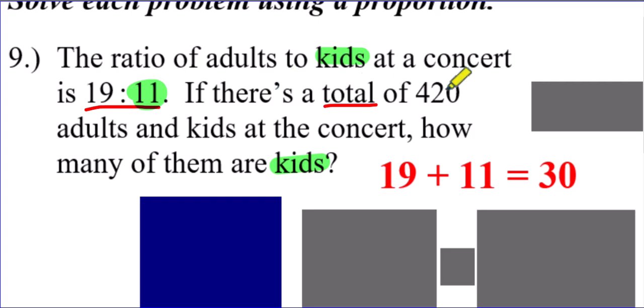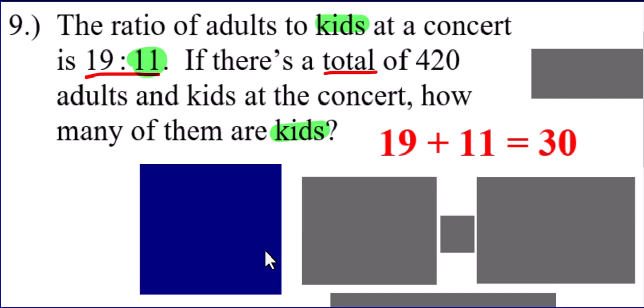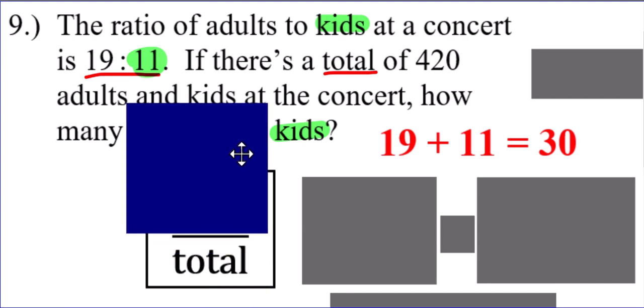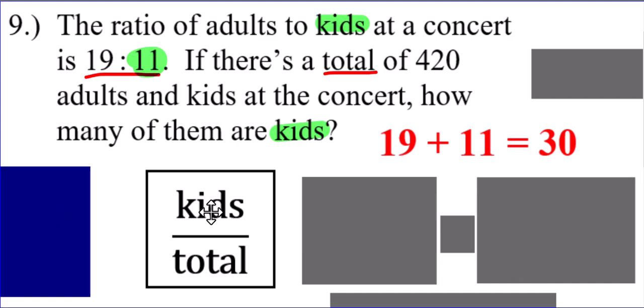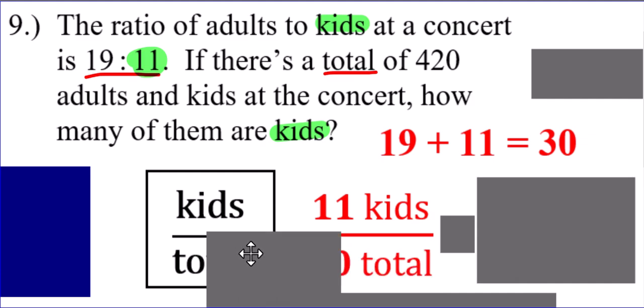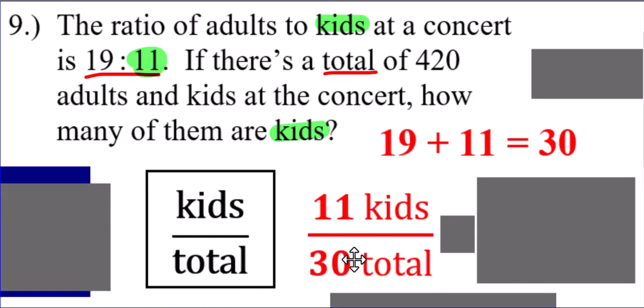Well, I have a total number, and I'm trying to find how many are kids. So I recommend you write this down. We definitely know we need total, but we need to talk about the kids, not the adults. So watch how I do this. 11 was the kids from the ratio, and that was out of the ratio's total of 30 total people.